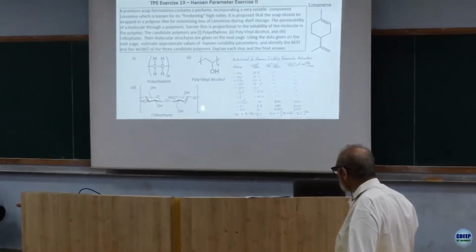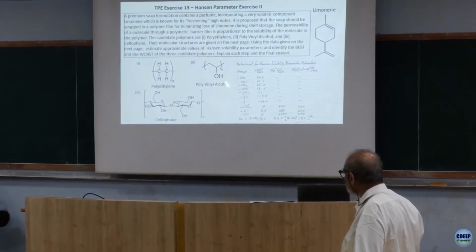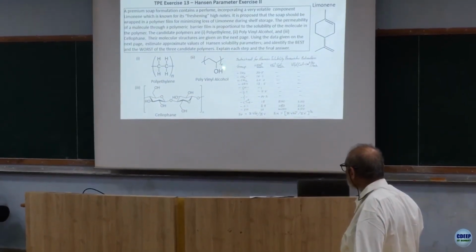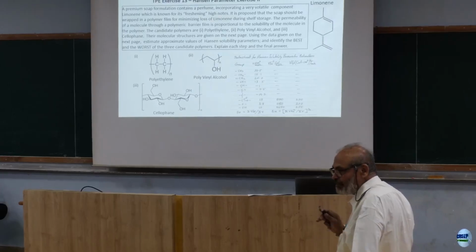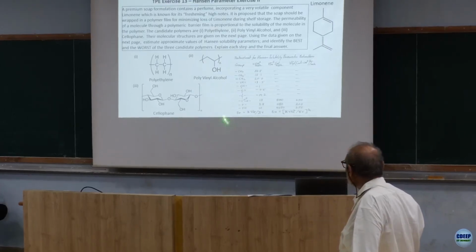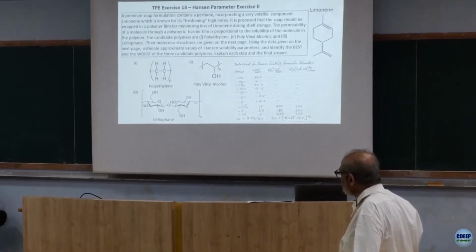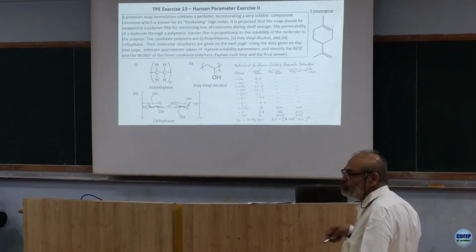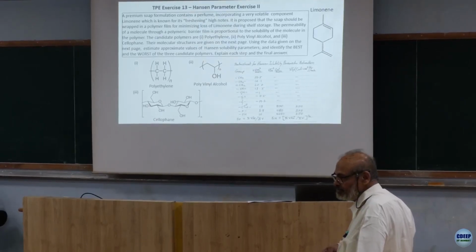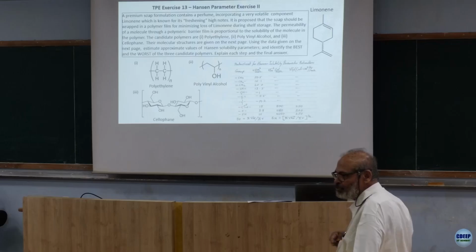So they are shown as polymeric with N-mers, but then all these groups, if you simply apply N there, they will get cancelled out. So you don't have any problem. And then you will find out which is going to be the most useful barrier film for retaining limonene in soap. Okay. So if you go into packaging development, this is a very, very simple approach to follow.